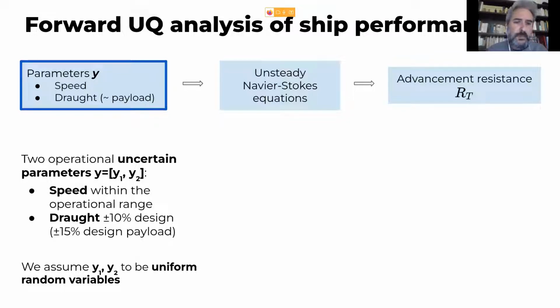We consider the speed to be within the operational range of the boat, and the draft to be plus or minus 10% of the design draft. That corresponds more or less to plus or minus 15% of the design payload. Because we have no special assumptions on these two parameters, we assume them to be uniform random variables.